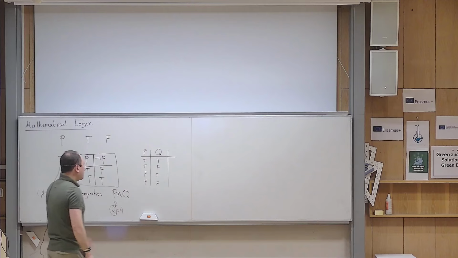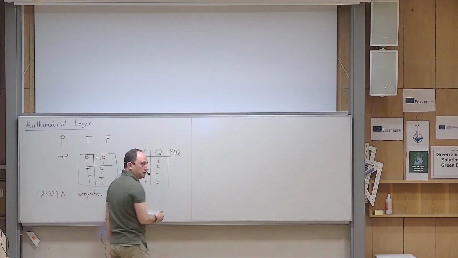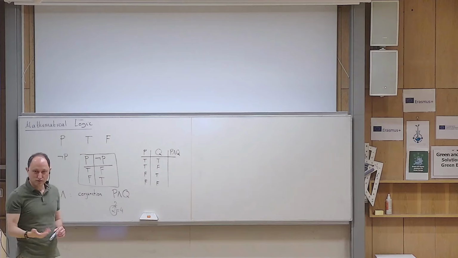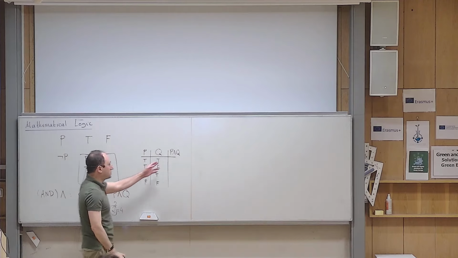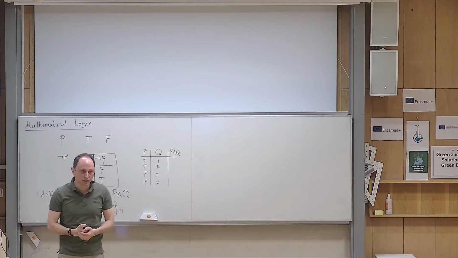Of course, I can write P and Q here and just write the last column for you as the definition. But because this is mathematical logic, let us try to understand how we should set this up based on your intuitive idea about the word "and".